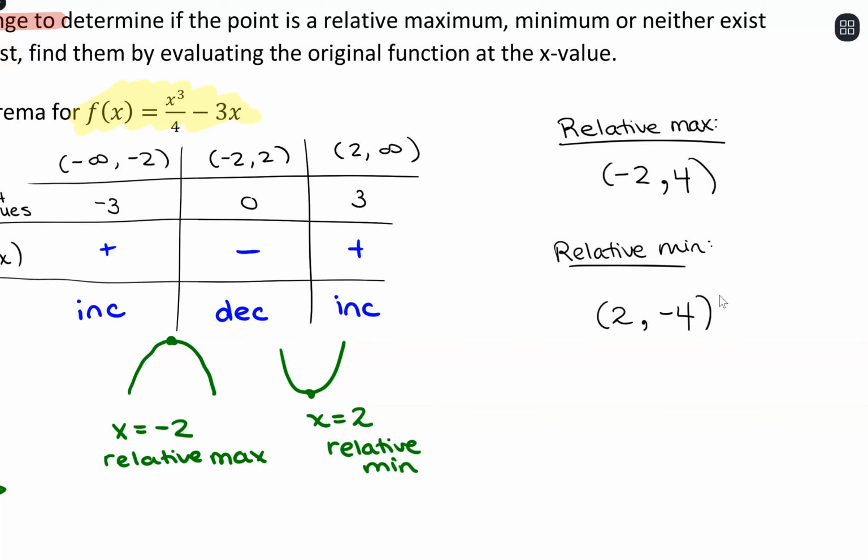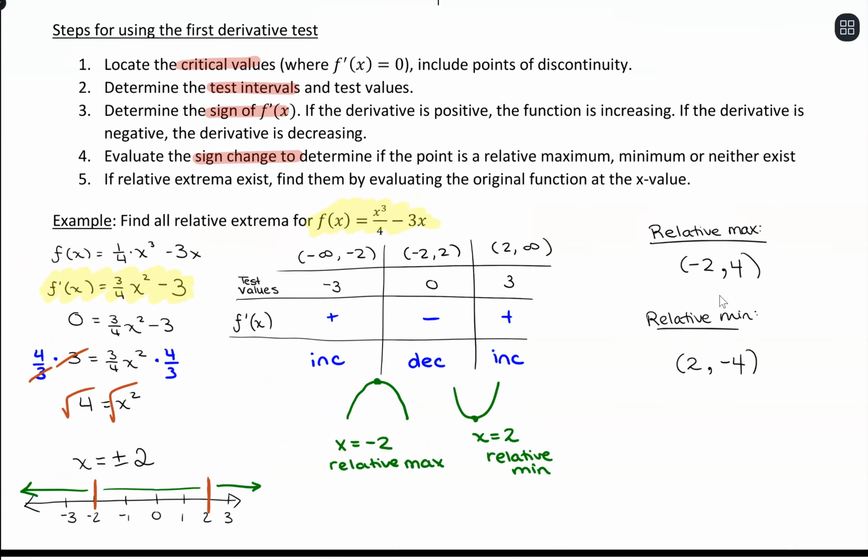All right, so the process there with our steps: getting the critical values so that we know the cutoffs for our intervals. Specifically, these are going to be the x coordinates for our relative maximums and minimums. Then using first derivatives, we're going to evaluate so that we can see on what intervals we are increasing and decreasing, so we can evaluate how the trend changes, and that lets us know whether we have a maximum or minimum.